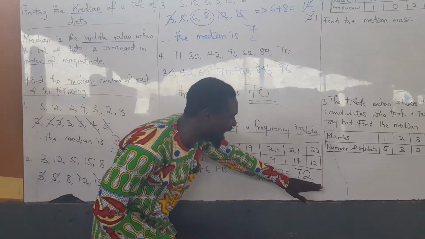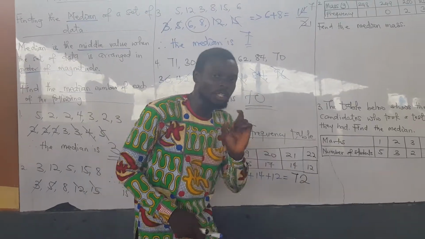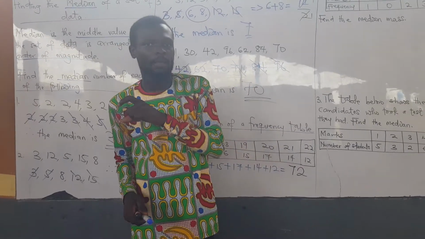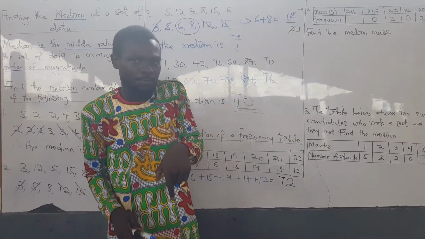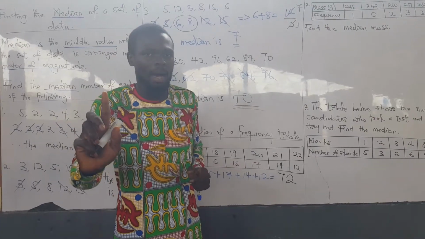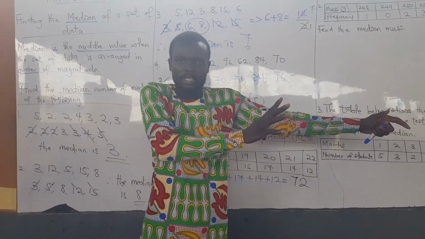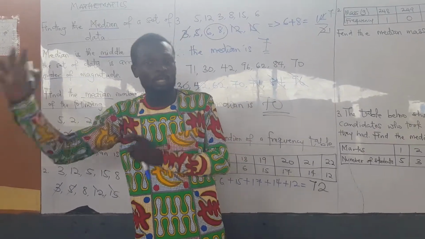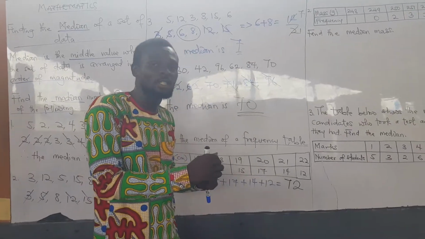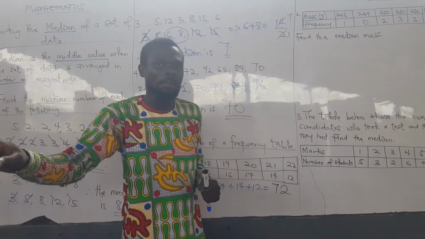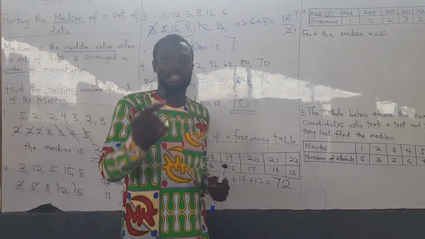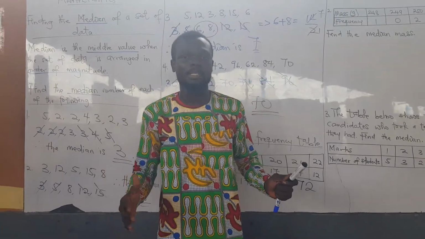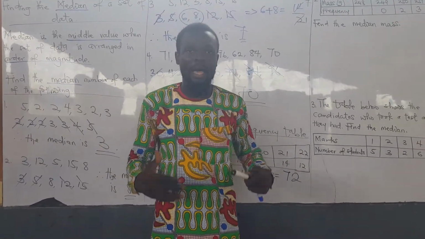Now when you look at the answer for Sigma F, ask yourself, is it an even number or an odd number? If Sigma F is an odd number, we have something we do about it. And if Sigma F is an even number, we also do something about it. Because 72 is an even number, it is divisible by 2. We have been taught that even numbers are numbers that are divisible by 2.